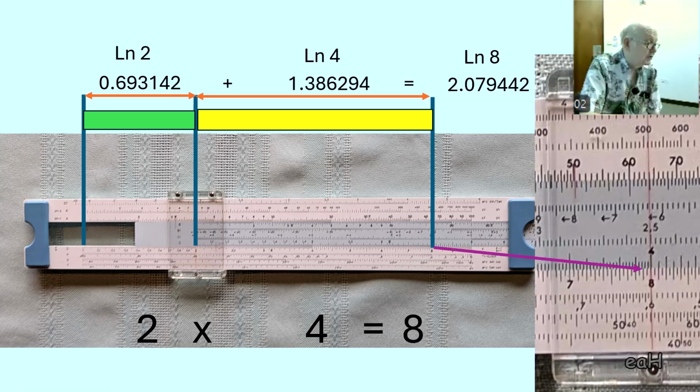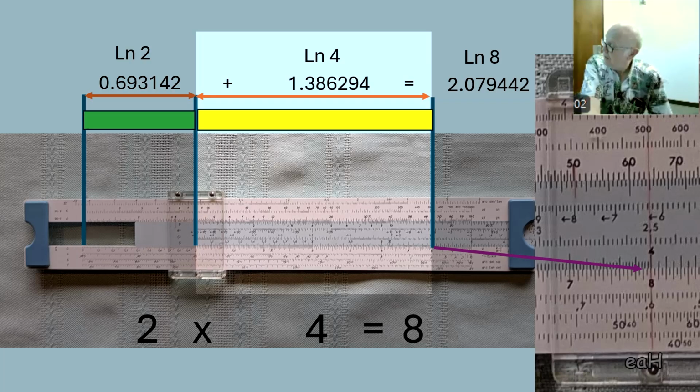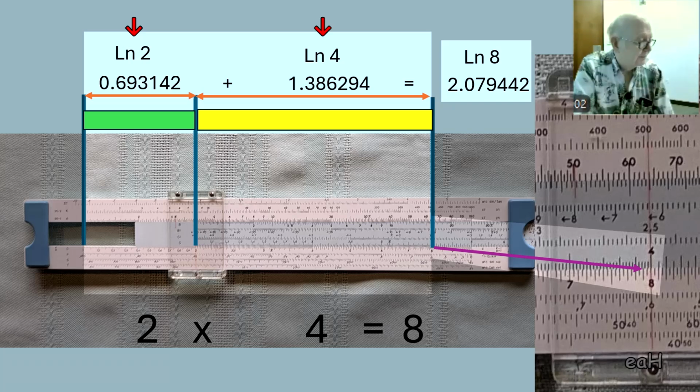So if we look closer at that, this part is the log of 2, this is the log of 4, and you put them together and you get the log of 8. You add it up, so that's it. And if you look at this, you can see that this logarithm is half the distance of the one for 4. So that's all there is to it for logarithms on how to do multiplication and division.